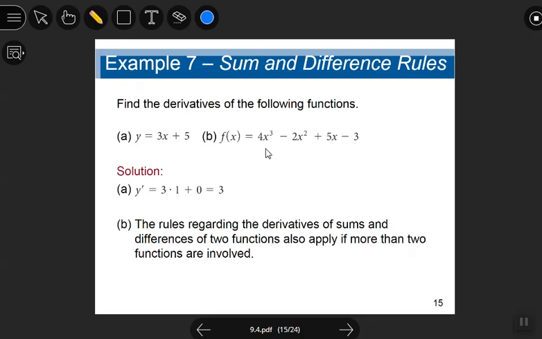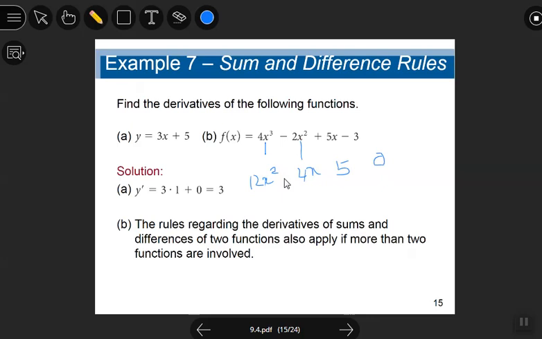So the derivative of this one is 12 times x to the power 2, and the derivative of this one is equal to 4 times x, and the derivative of this one is 5, and the derivative of this one is 0.